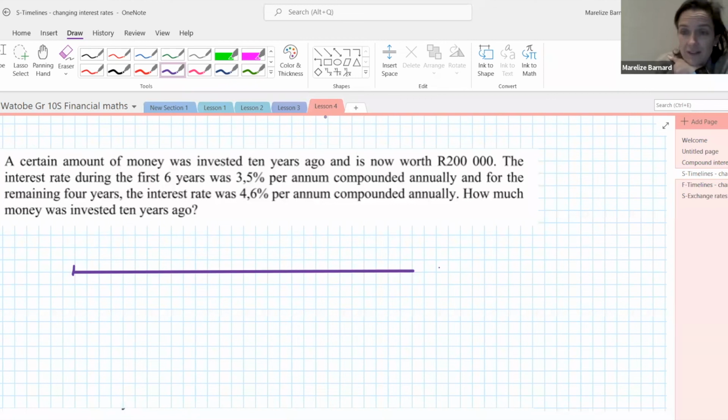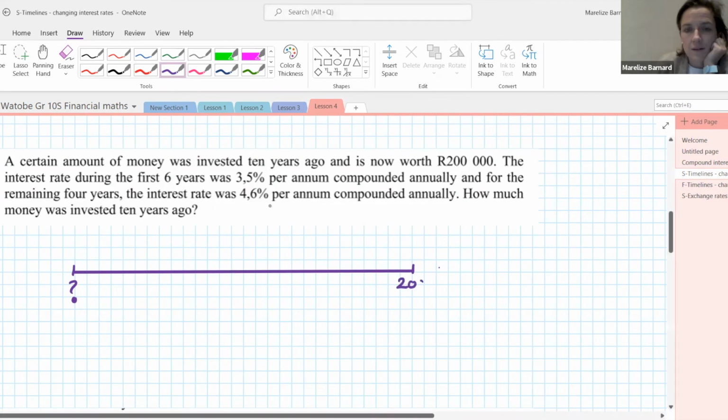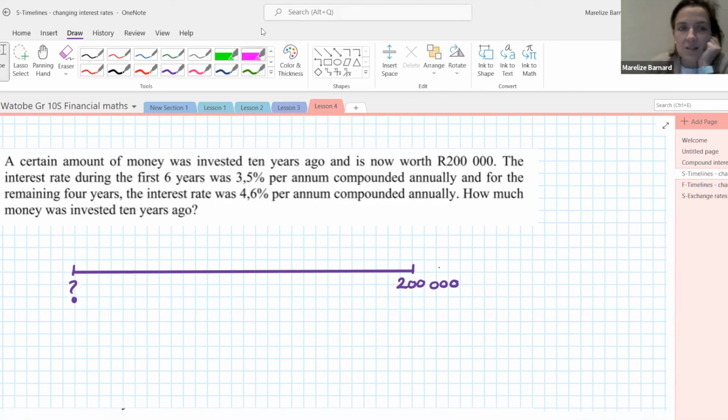Sure, someone has an answer already. Okay, so it says that a certain amount of money was invested 10 years ago and is now worth 200,000.